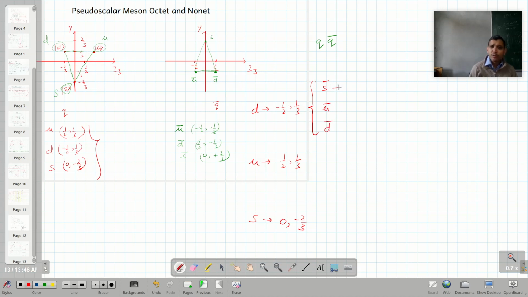Their values will be 0, 2 by 3; minus 1 by 2, minus 1 by 3; and 1 by 2, minus 1 by 3. Their combination with d gives ds bar, du bar and dd bar.